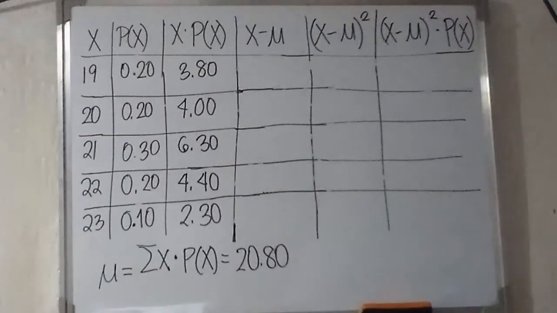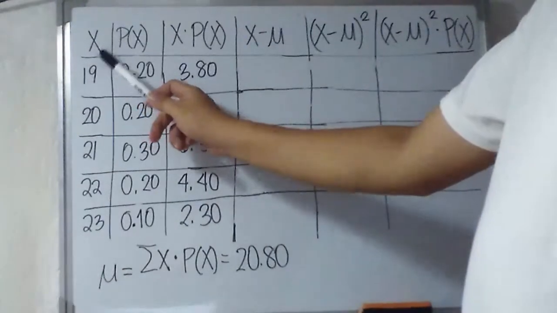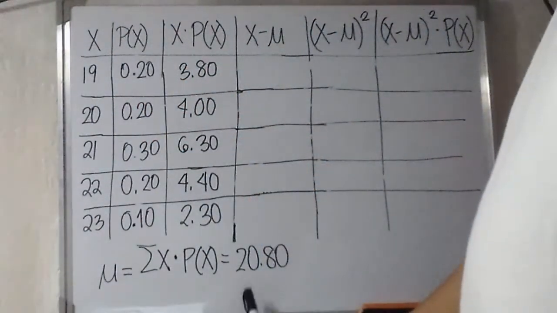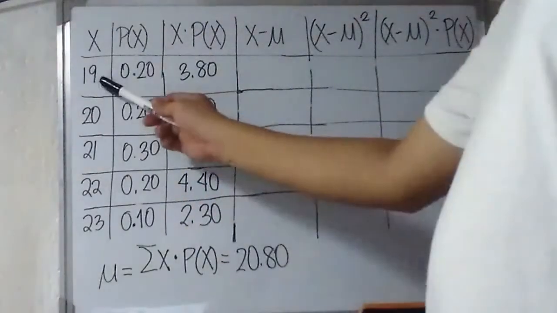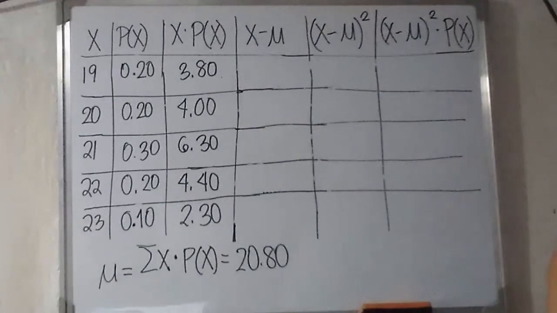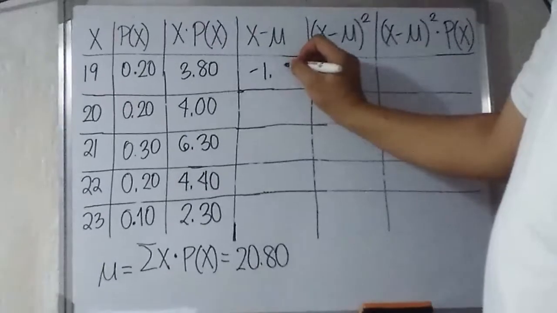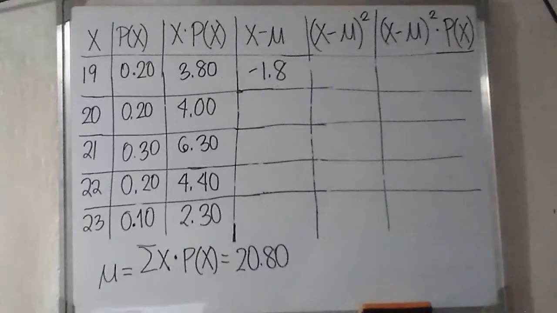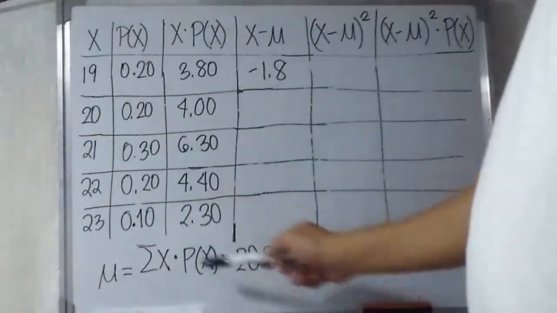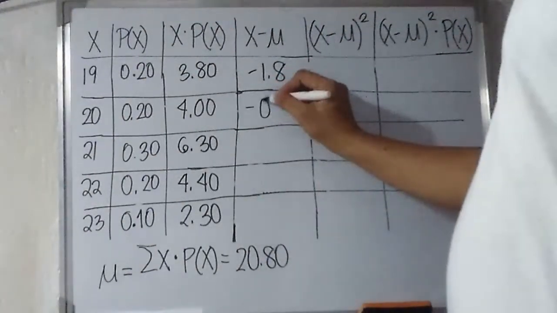Next, we will now subtract the mean from each value of the random variable x. 19 minus 20.80 is negative 1.8. 20 minus 20.8, that's negative 0.8.